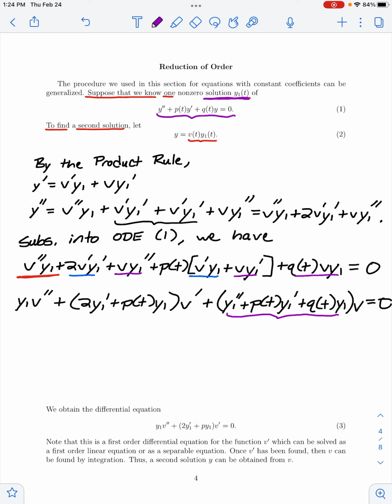So when I plug in y1 to that expression, it gives me 0 because it was a homogeneous equation. So this last term becomes 0, and we are left with y1 v double prime plus 2y1 prime plus p of t y1 times v prime is equal to 0.